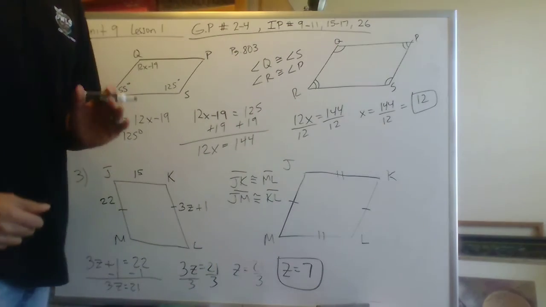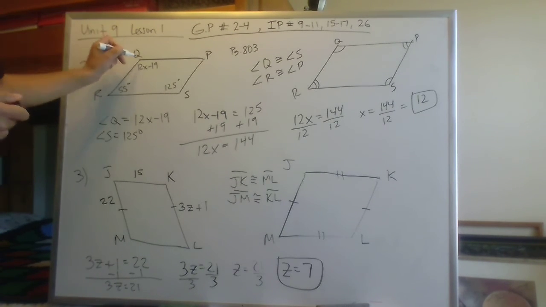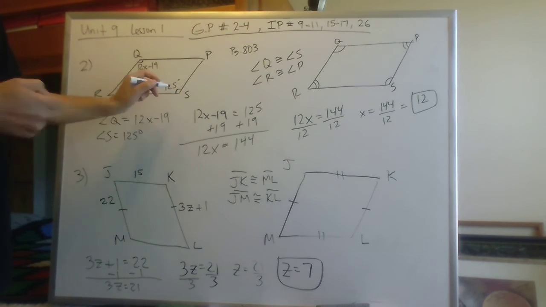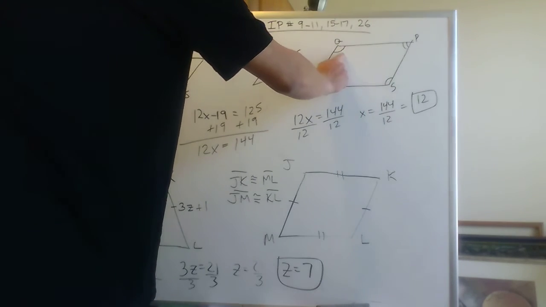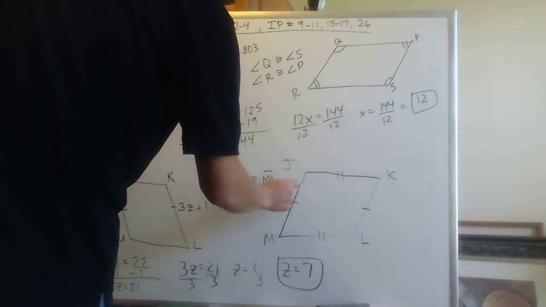So the key components that I want you to remember is that when you're looking at different types of parallelograms, the opposite angles are congruent. That's one of the theorems. The opposite angles are congruent and the opposite sides are congruent to one another.